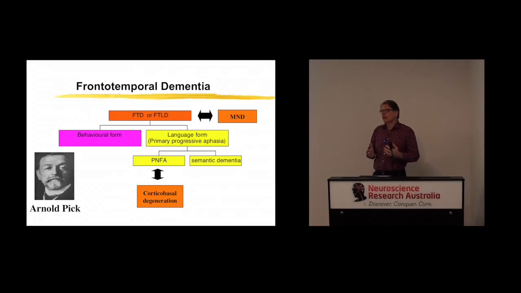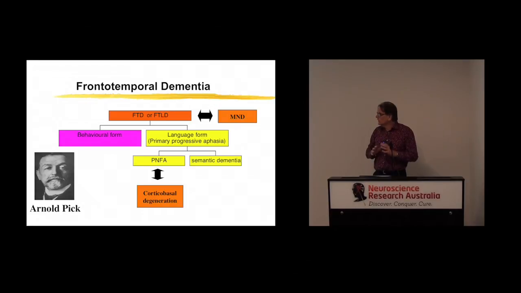Now, when we see a patient clinically, we classify them based upon their clinical pattern, how they come to us, and we divide the patients into those with predominantly behavioral changes, alterations in personality, social cognition as we call it, or changes in language ability.